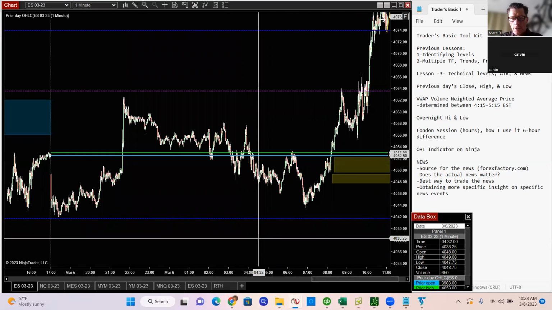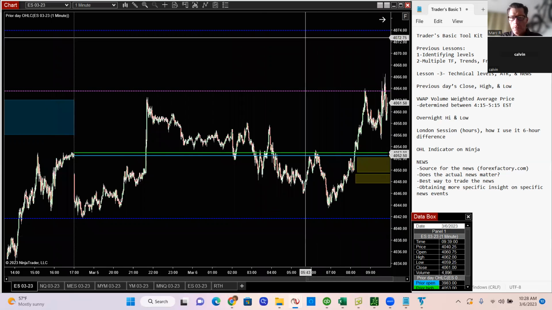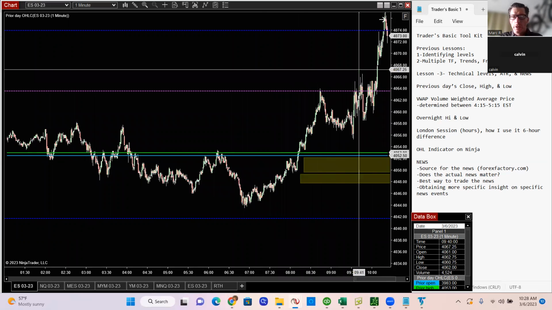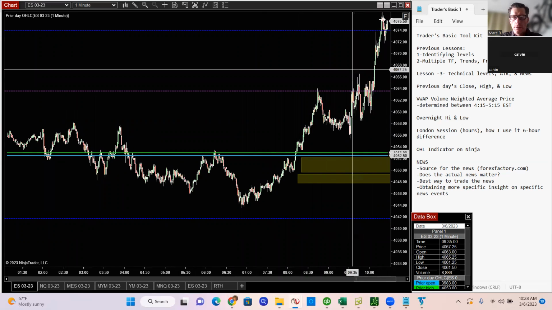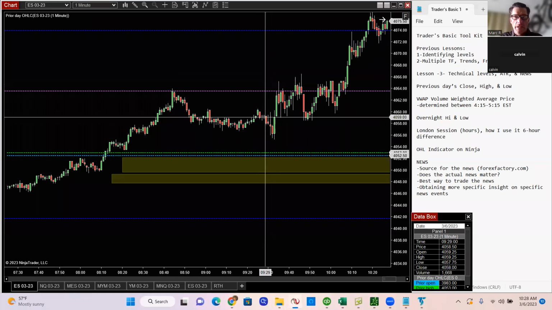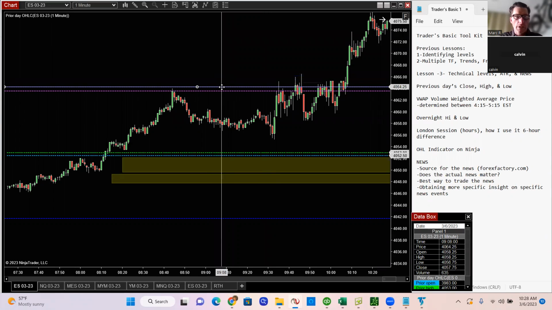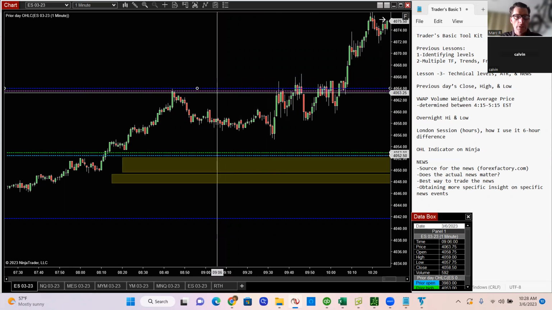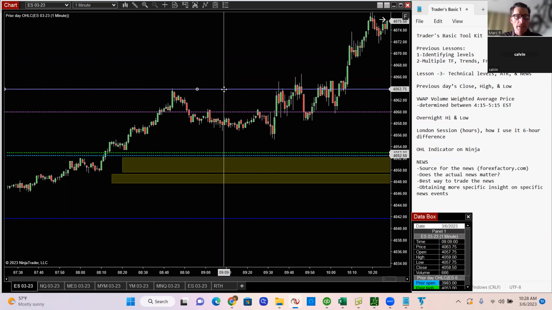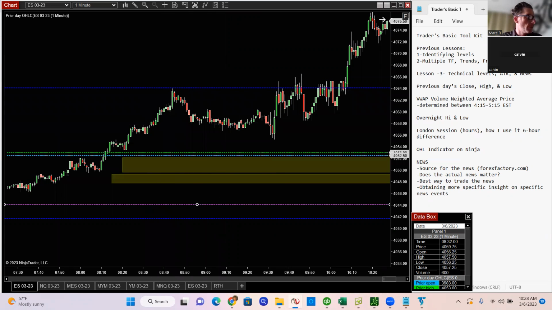Then I want to know, before the 9:30, what was the highest it went before price opened at 9:30? Here's your 9:30 candle right here. So the highest price it went in the overnight is right there. This purple line is my gap. Purple line is going to be my gap on the daily.